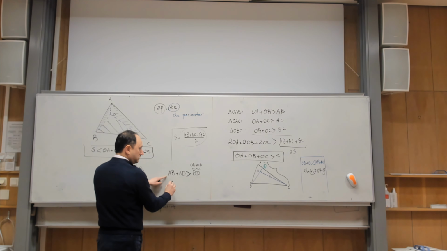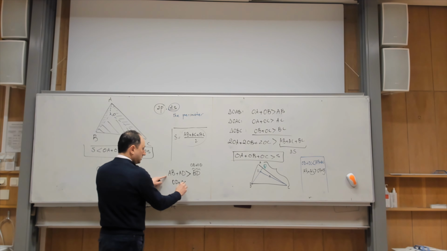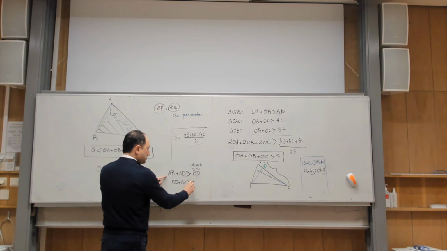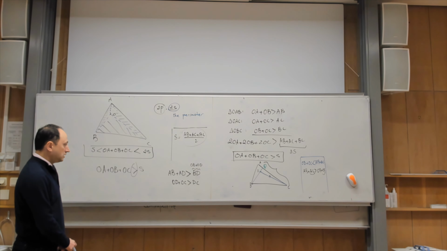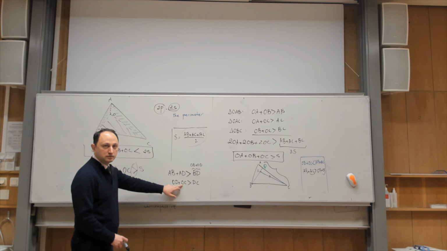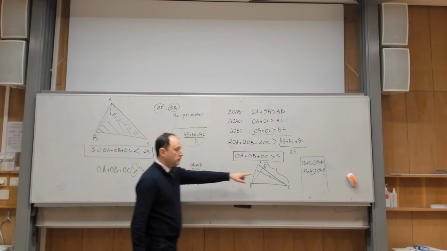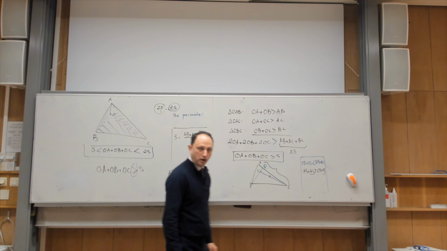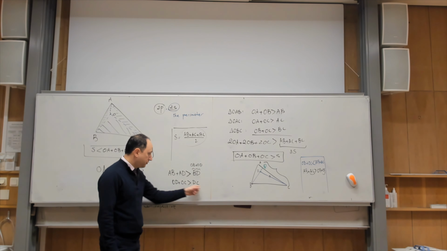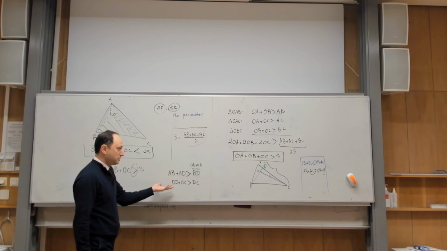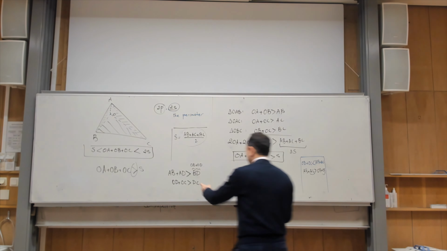I just said DO plus OC is larger than DC. Okay, it's a little bit the other way around, because you see here in the way that you are solving it, OC appears on the left. Yes? But in what you want to prove, OC should be somehow on the right. Of course, I can move it to the left, but it becomes negative. So then it means that forget about this, or at least the problem might be much harder, but this is probably not the way that you write.